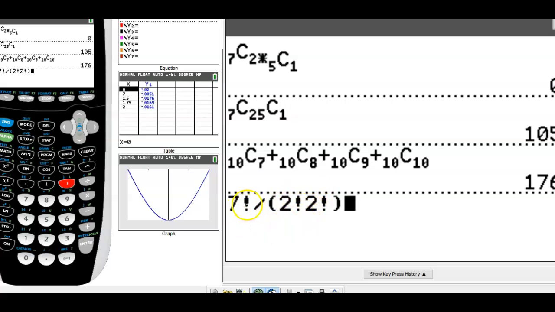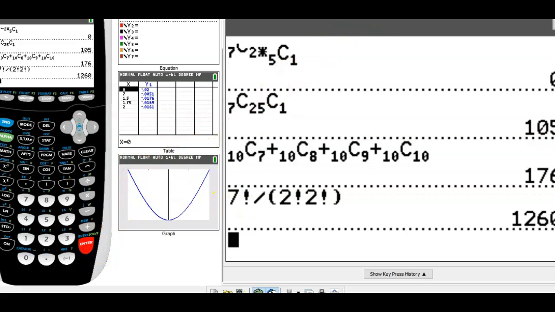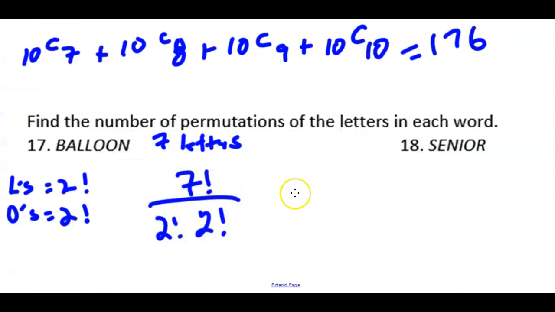You don't want to do 7 factorial divided by 2 factorial times 2 factorial. That's different than dividing 7 factorial by 2 factorial times 2 factorial together. So when we do that, 1,260 permutations right here.